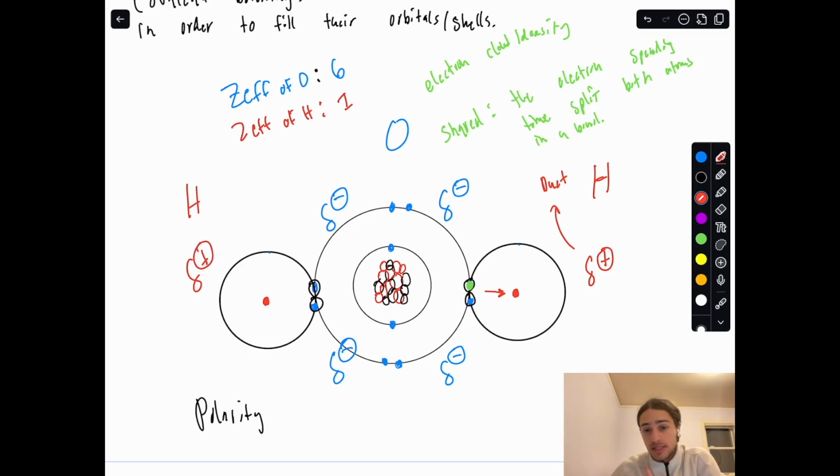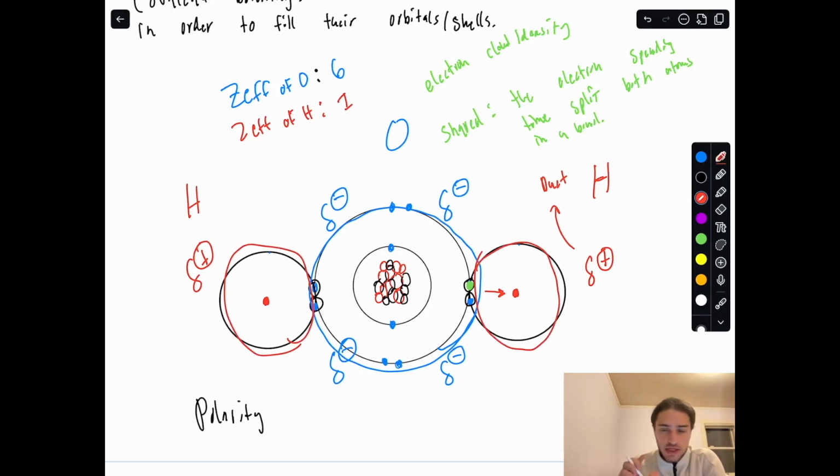They're going to be partially positive because they lost some electrons most of the time. If you draw that out, the oxygen is like a cloud of partial negative charge, and the hydrogens are like little regions of partial positive charge. This ends up being really important for the properties of water, and we'll talk about this a lot more when we talk about intermolecular forces. Polarity really explains so much.